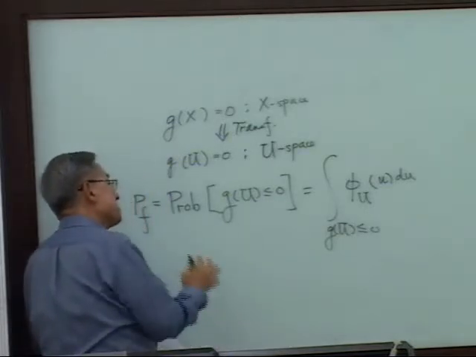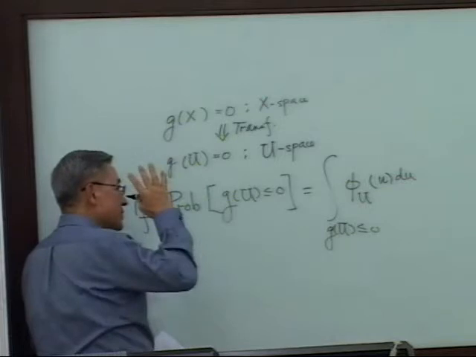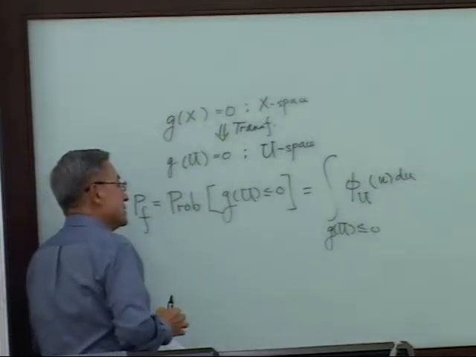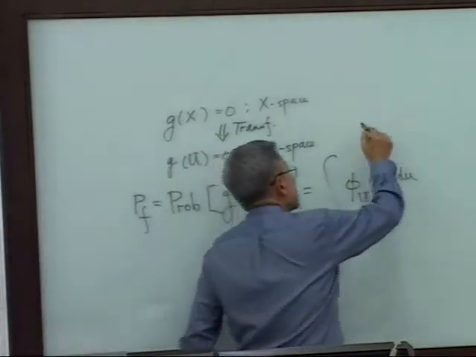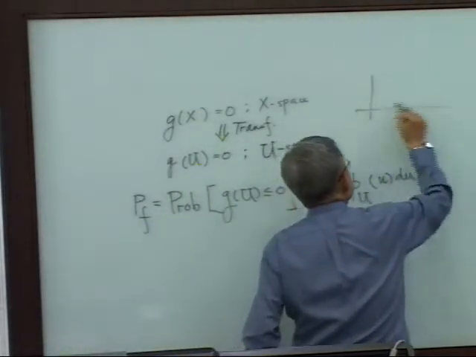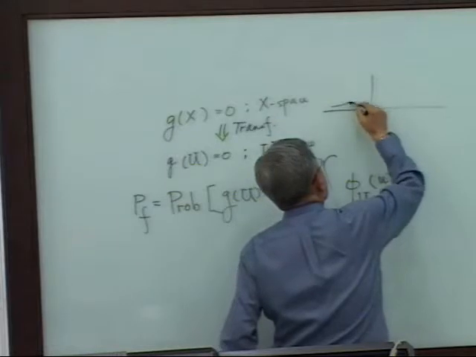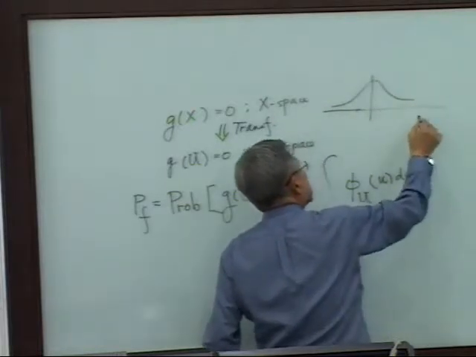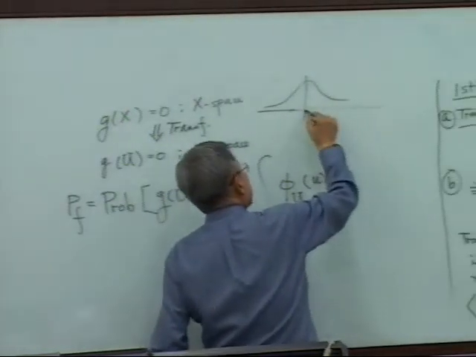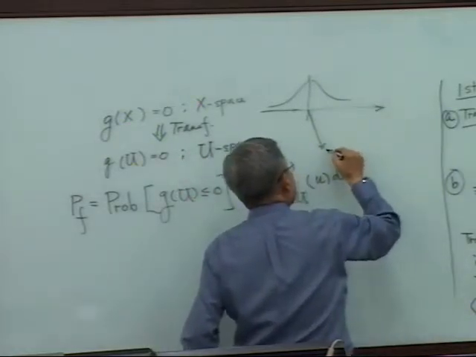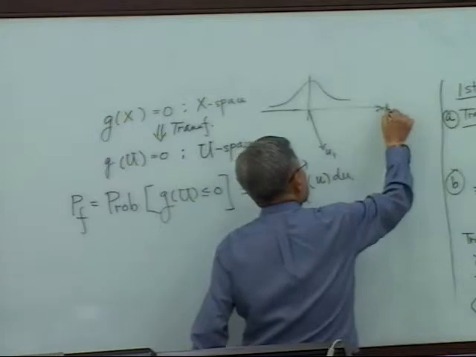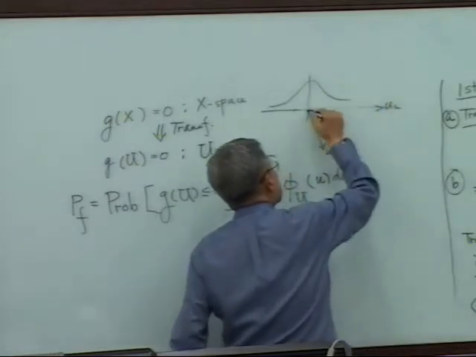In the U space, think about the standard normal distribution, like this. Now you can turn this guy into 3D, like a U1, U2 space.